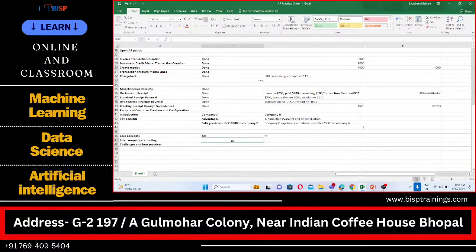In AR, as a customer, the reciprocal entity is billed for the goods or services provided by your organization. In AR, these invoices are tracked and payments are expected from the customer. Example: company A provides consulting services worth $5,000 to company B. This amount is billed as an invoice in AR and company B is expected to make the payment. This is the scenario for accounts receivable. Now let us come to AP.